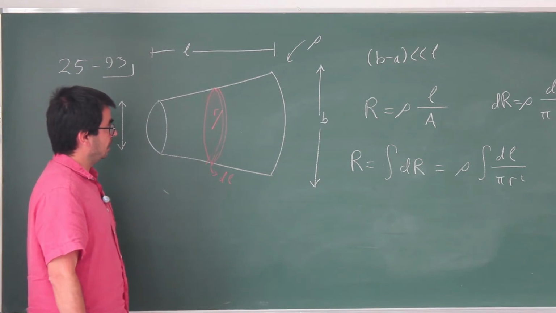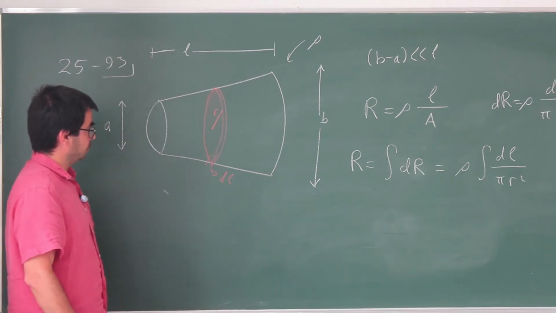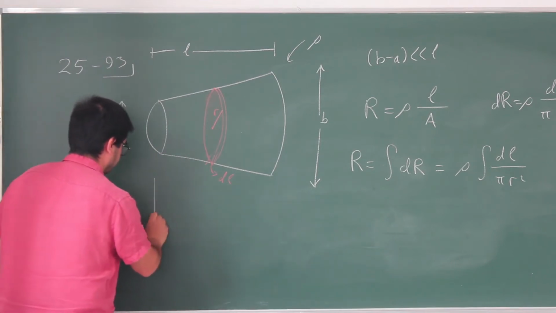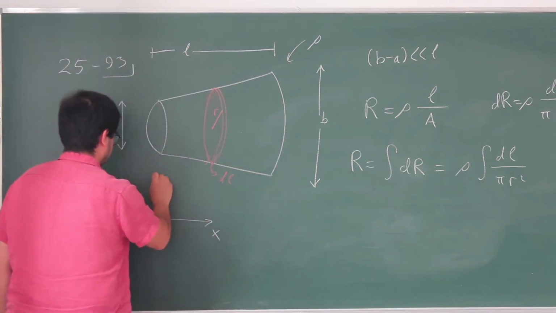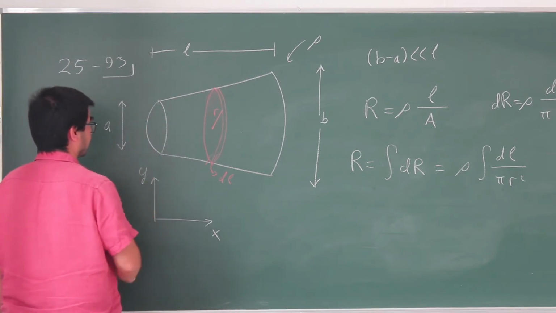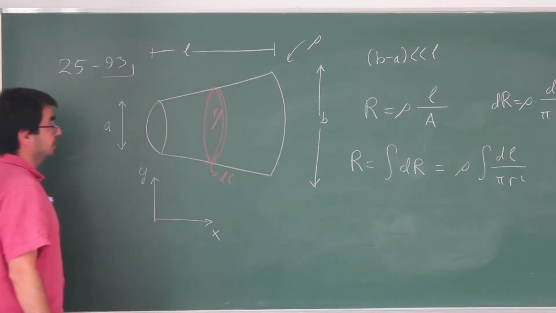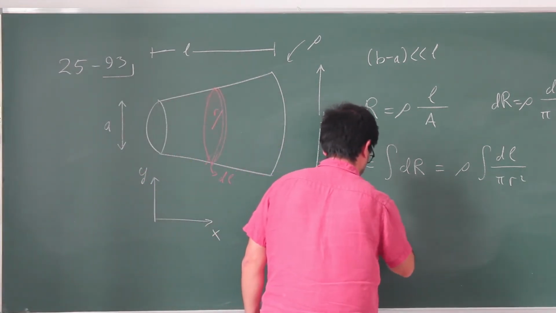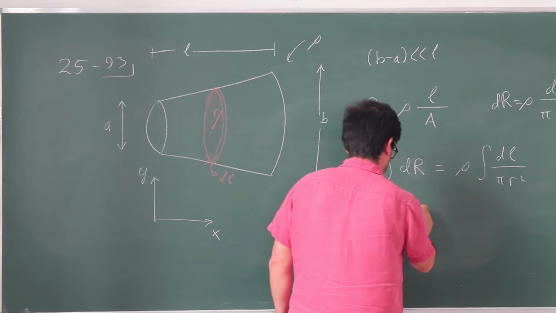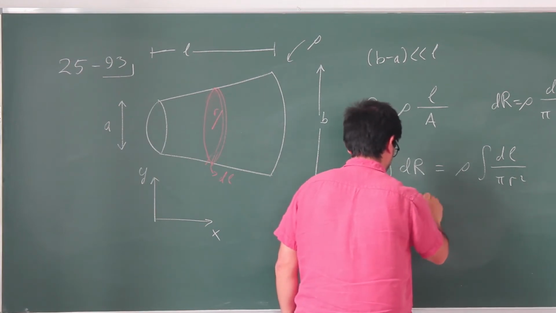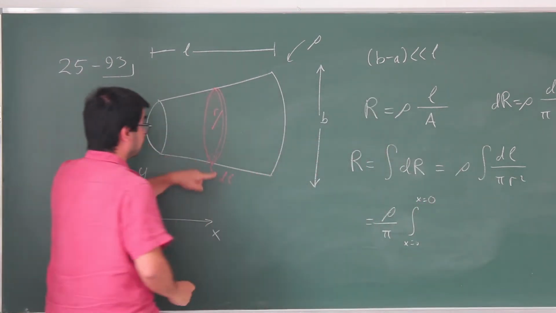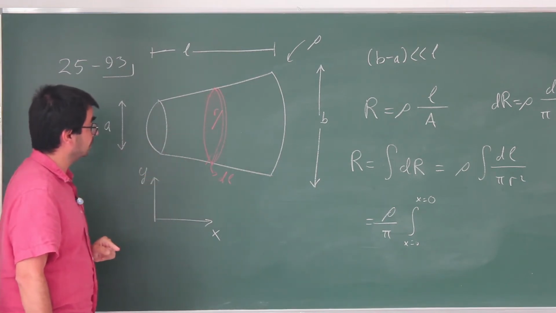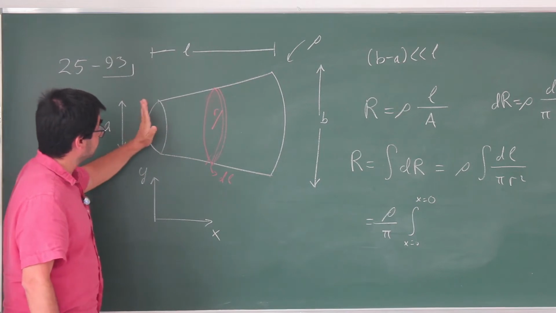Now, how can I turn this into something that I can actually integrate? Let's choose some coordinate system. Let's say this is x, this is y, and this end corresponds to x equals 0, and this one corresponds to x equals L. So this is going to be ρ over pi, integral from x equals 0 to x equals L. This dl is just going to be dx, our incremental element in the direction of travel as we sweep from this end to the other end.